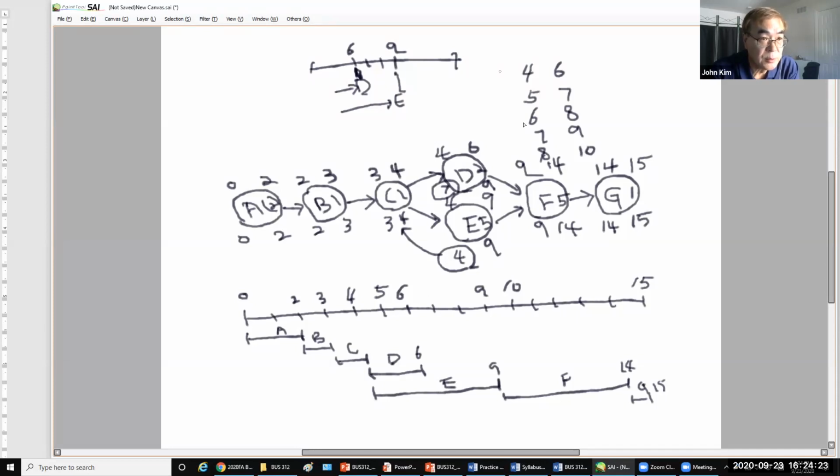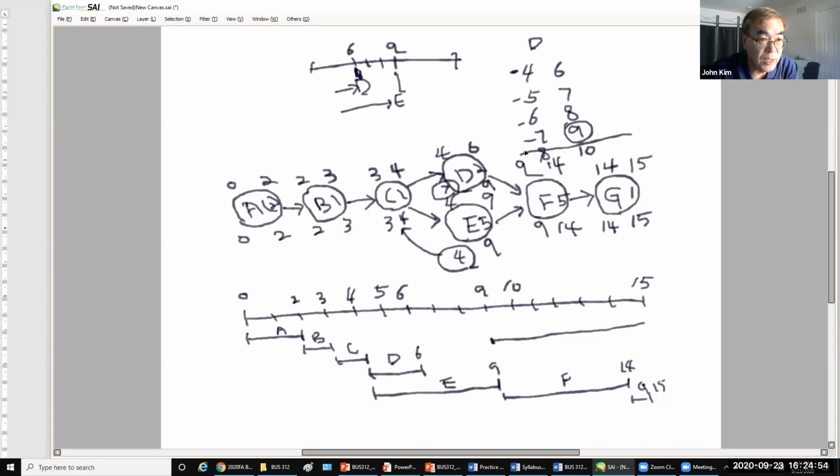As long as activity D starts at 4, 5, 6, or 7 and finishes by the 9th, the project can be finished without delay. If D starts at the 8th week, then there is delay.